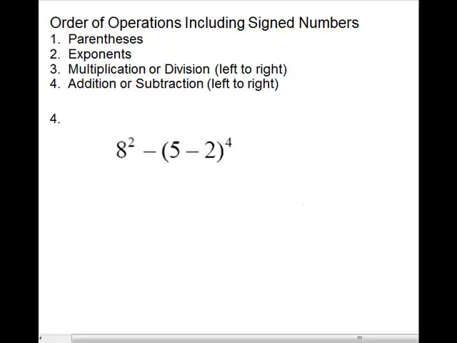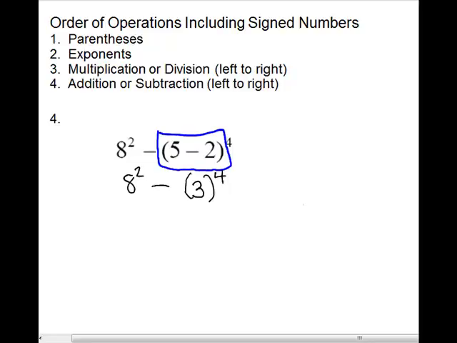For our next problem, we'll just start through our order of operations. We do have a parentheses, and so this is math on the inside of the parentheses. Notice your exponent is on the outside. So 5 minus 2 is 3. We'll finish the parentheses, so we check around. But because there is an exponent, we will keep the parentheses. Bring down your minus. And now we're on level 2, which will be exponents.